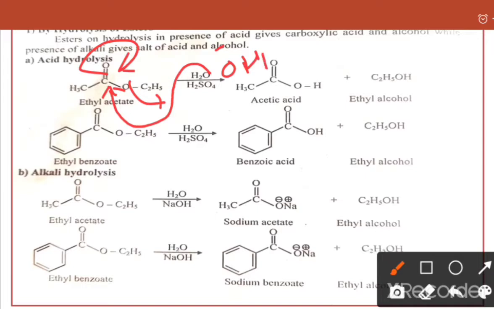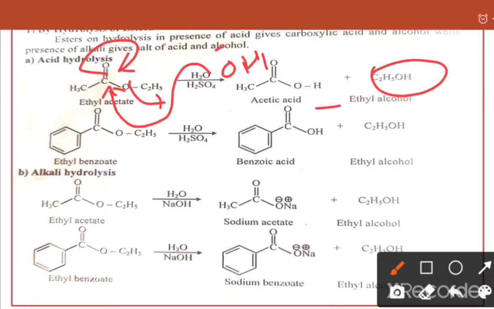The OH minus attacks the carbonyl carbon, and there is departure of OC2H5, and here we get ethyl alcohol, and the product is acetic acid. In this way the ester is converted into the acid. That means ester undergoes hydrolysis, and we get the carboxylic acid plus ethyl alcohol.